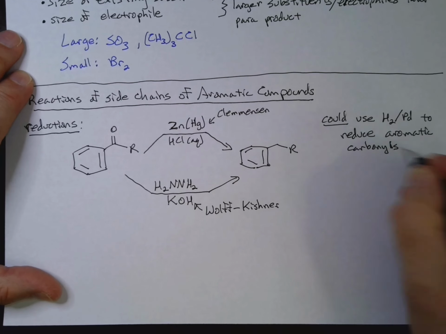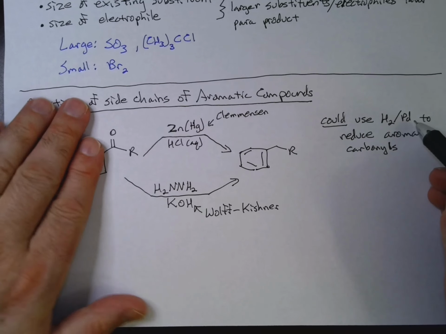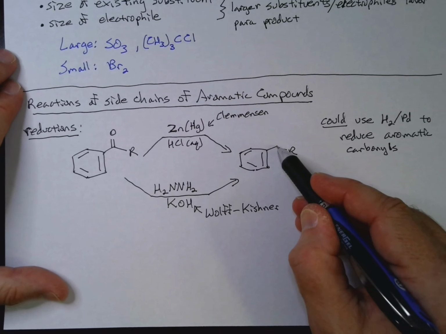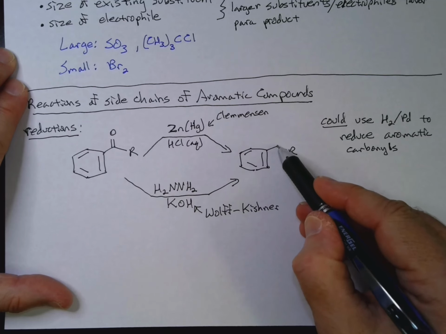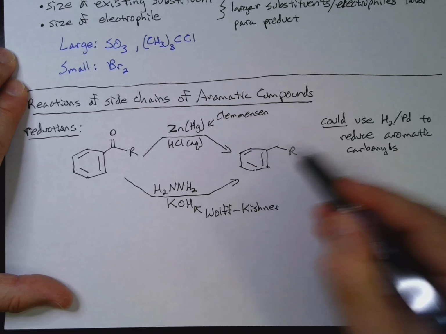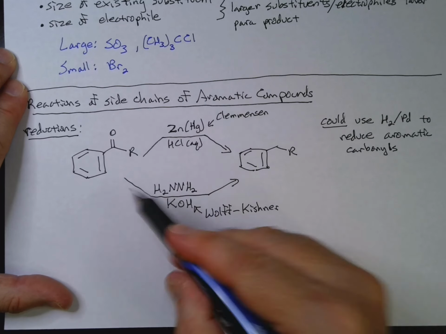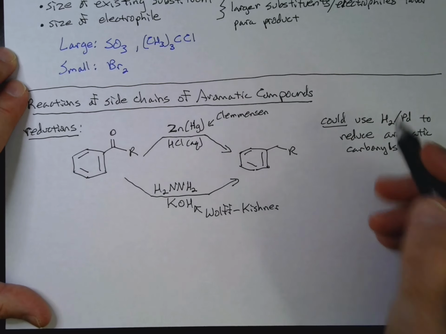I tend to not want you guys to think about that, because then that leads a lot of students to think that, oh, I can do that for any carbonyl. No. We can't reduce all the way to an alkane with H2 and palladium or platinum or whatever. It only works for aromatics, and then only some aromatics.